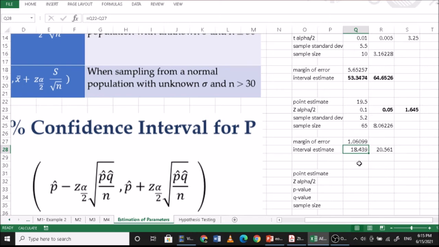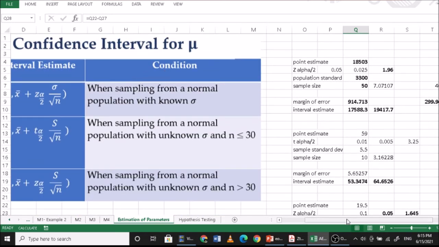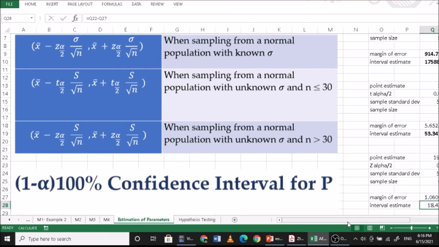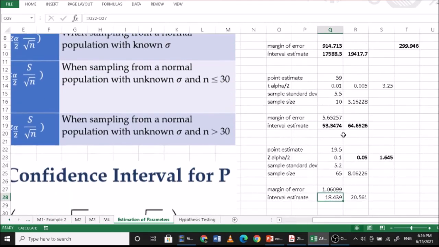So that's for the interval estimates for three different conditions involving your population standard deviation, whether it's known or unknown, and if it's unknown, whether your sample size is greater than 30 or less than 30. And you have the different computations for each one.